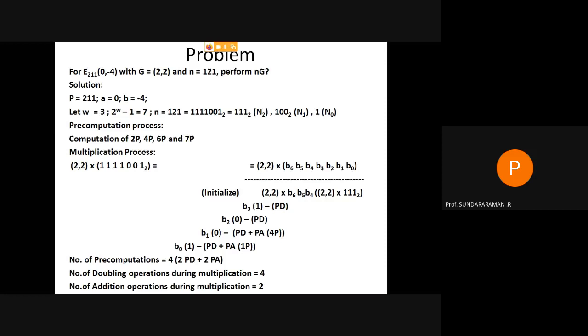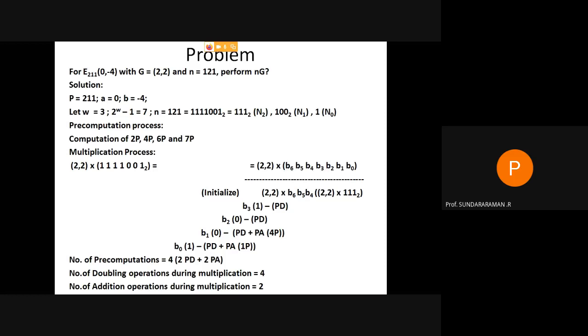The point is (2, 2), and the scalar given is 121. Now the requirement is we have to perform n into G, right? Now, as the first step says, we have to choose the small window size w. For this example, I have chosen a window size equal to 3.